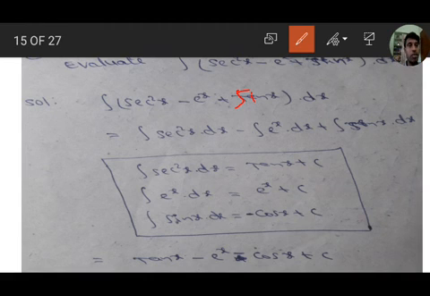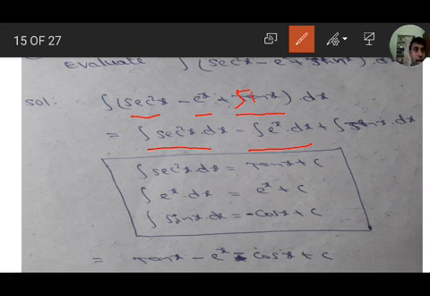We have here three functions: sec square x, e to the power of x as the second function, and sin x as the third function. By the linearity property, the first property of indefinite integrals, we get integration of the first function, that is integration of sec square x dx, minus integration of the second function, that is integration of e to the power of x dx, plus integration of the third function, that is integration of sin x dx.